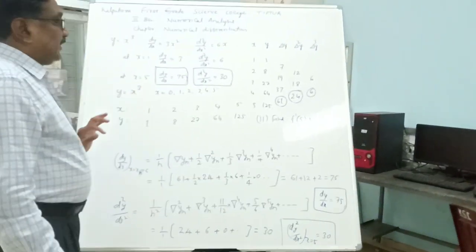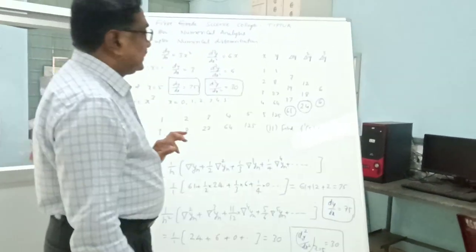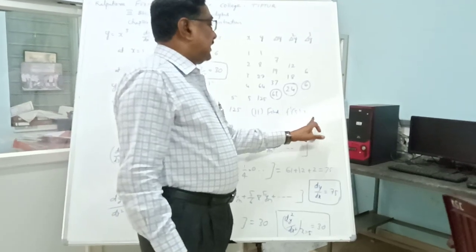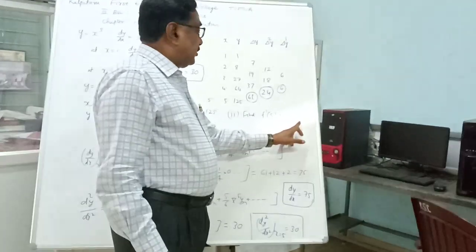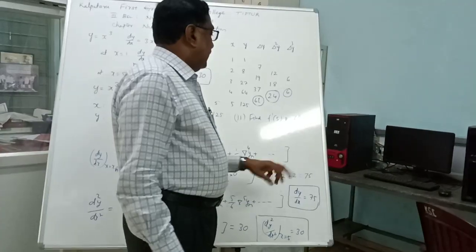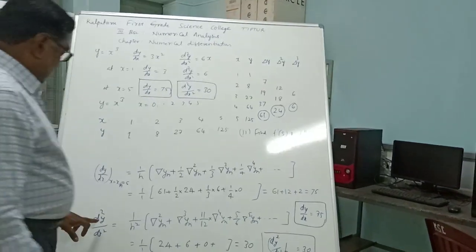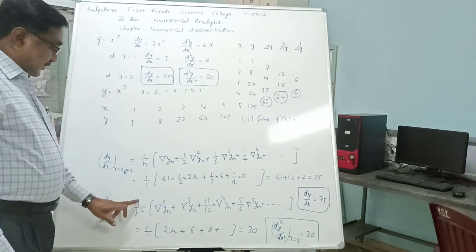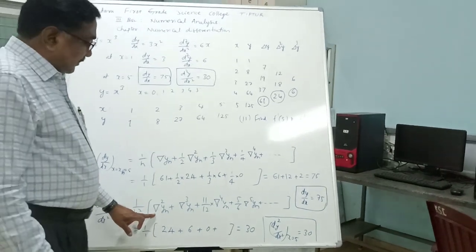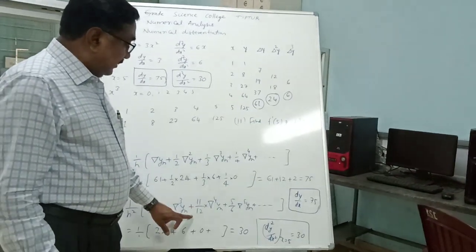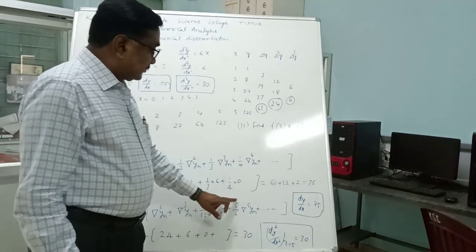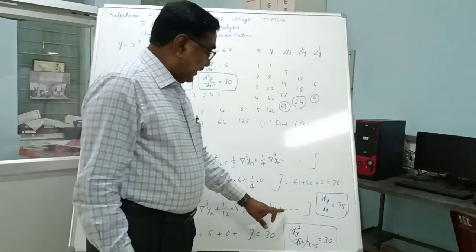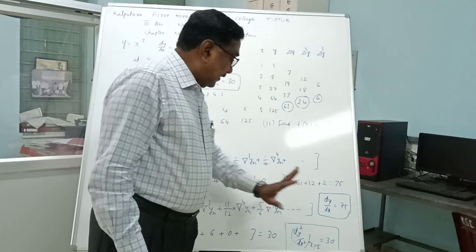Next, let us find the answer for the second question, f double dash of 5. To find the second derivative at the point x equal to 5, you have to remember the formula for the second derivative: d square y by dx square at x equal to xn is 1 by h square into nabla square yn plus nabla cube yn plus 11 by 12 nabla power 4 yn plus 5 by 6 nabla power 5 yn, and so on.